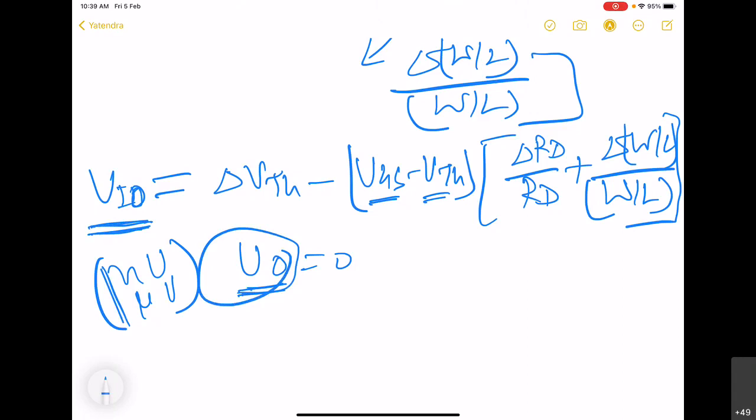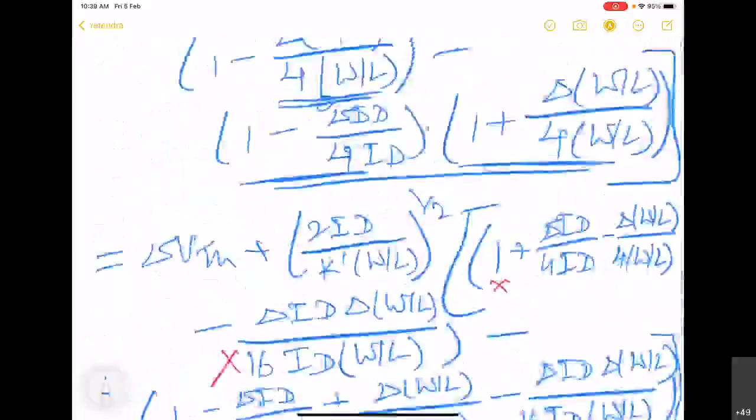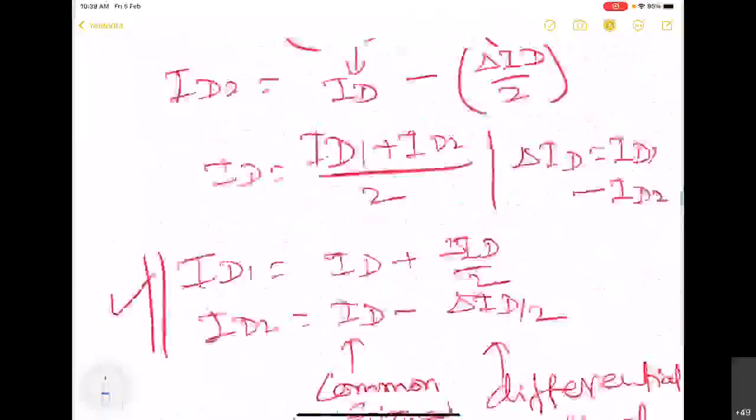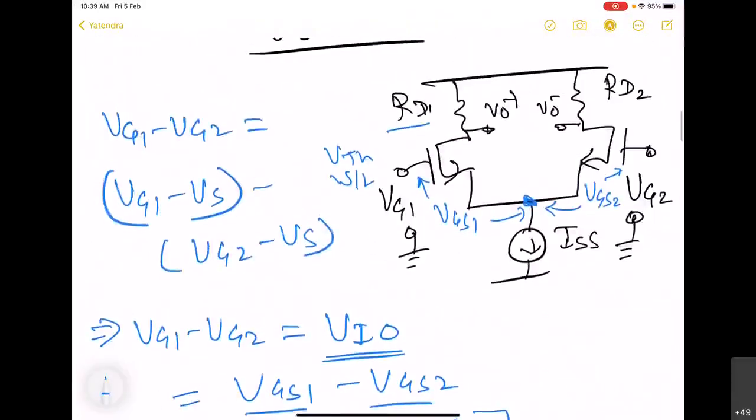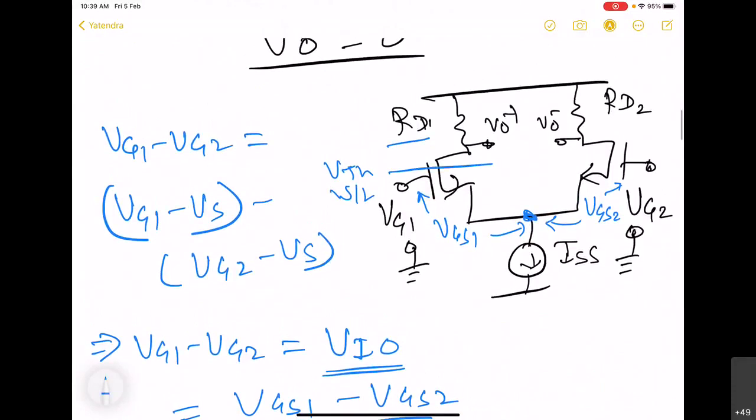So here in the MOS, what happens is that the gate is open circuit. So the impedance looking into the gate, RG or Ri, is infinite. So there will be no current, Ig is equal to 0.